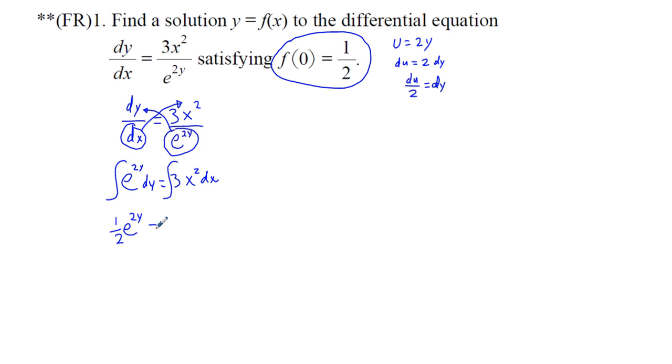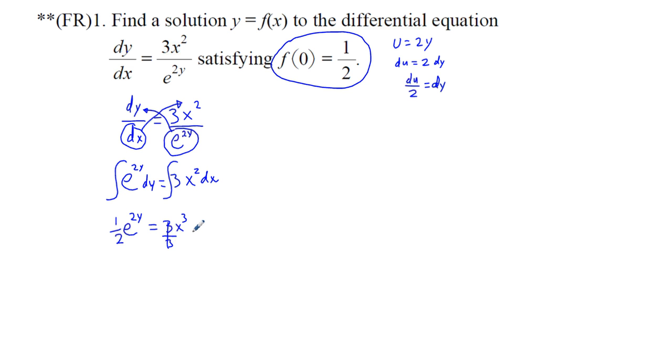And on the right side, the integral of 3x squared dx, we take x squared, raise that to the cube, and divide by 3, which will cancel out that 3. Just to demonstrate, if we have 3x cubed over 3, the 3 over 3 will cancel each other.